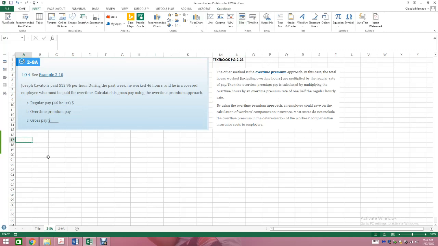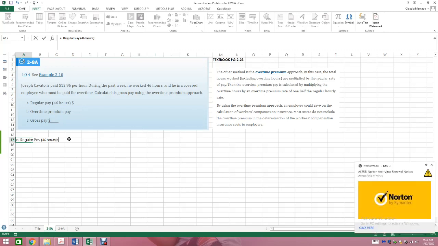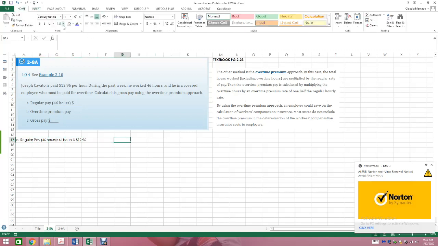Okay, so the first thing that we have to calculate here is the regular pay, and that is for 46 hours. Okay, so it says here we're going to multiply the total hours worked, including overtime hours, which is 46 hours. Okay, so we're going to get the 46 hours, and we're going to multiply it by the regular rate of pay, which is $12.96. Okay, and then I'm going to do a little box here, that way we can put our answer here.